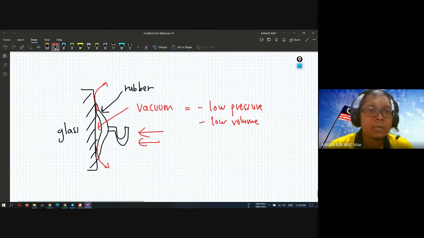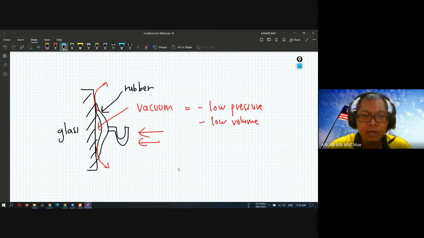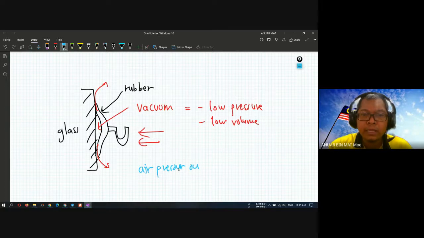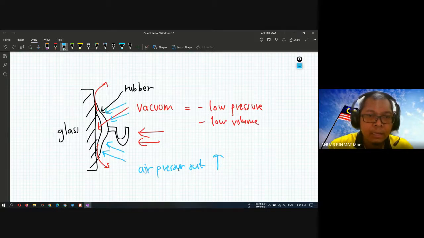So how about the air pressure outside? Higher or lower? Higher. Yes, the air pressure outside is higher, so it will push against the suction cup.